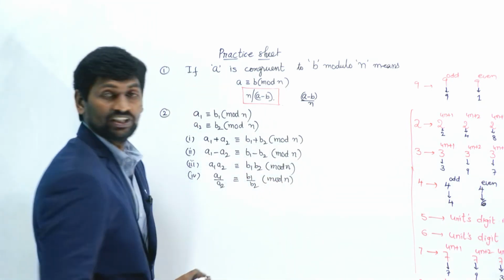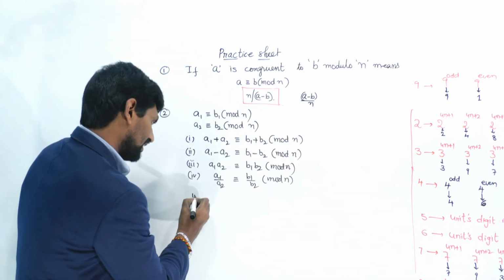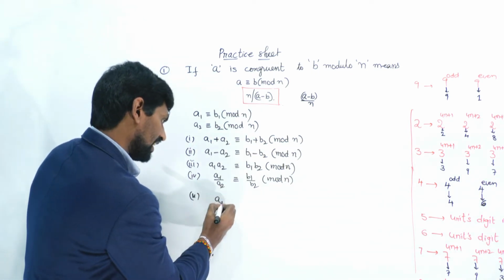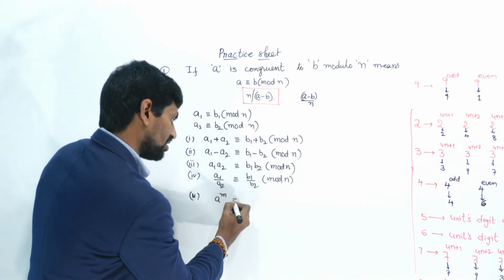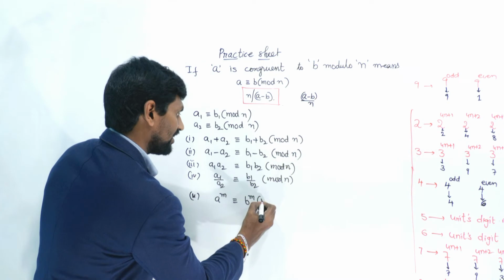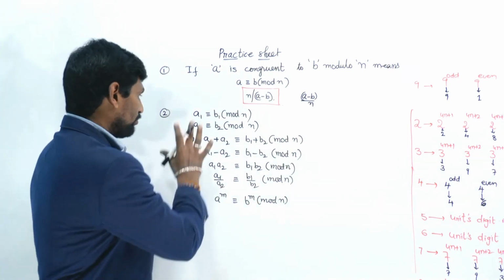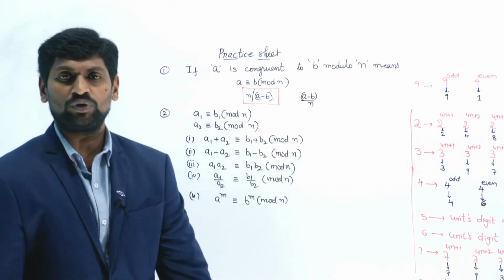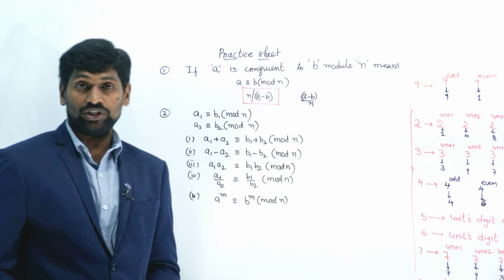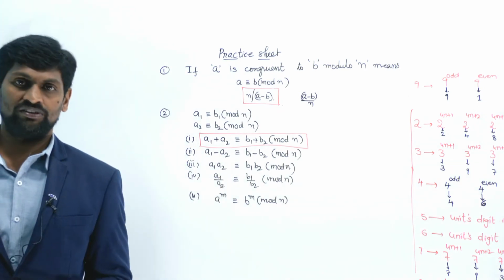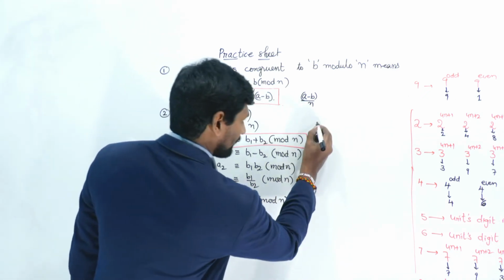Four arithmetical operations we can apply like this. And powers also we can write, A power m is congruent to B power m mod n. We have some more congruence rules, but we don't know all of them. According to your question, this is the option we required for the second question. Now let us see the third question.